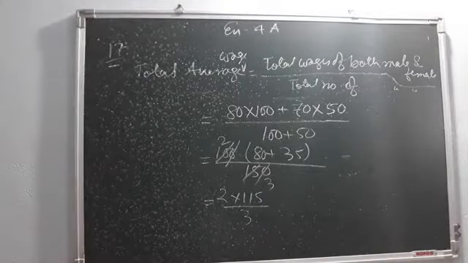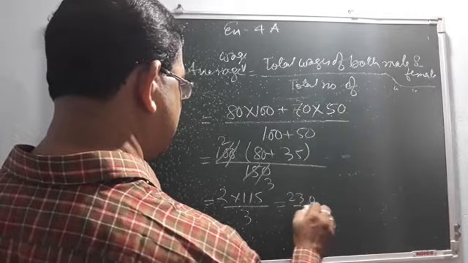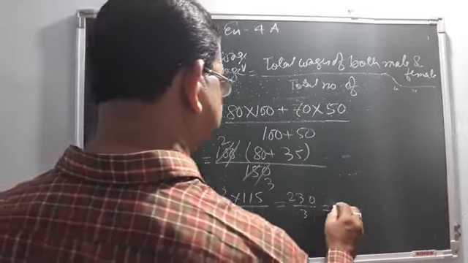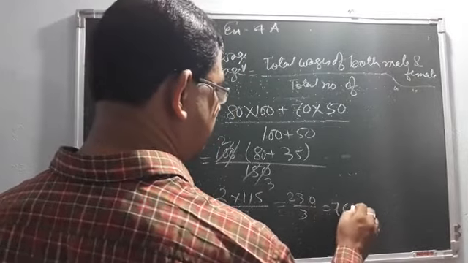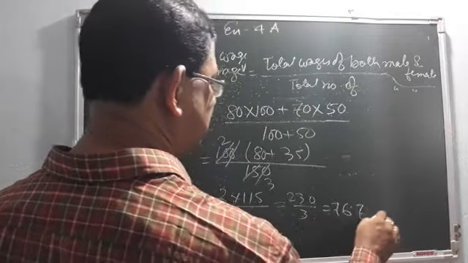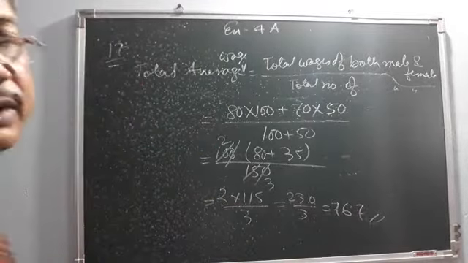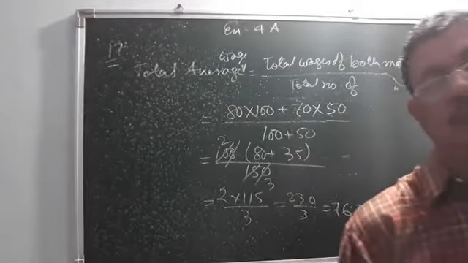Now if we divide, the answer comes to 76.67. So we can do it as 230 by 3, which gives 76.7. So this is the total average wage of those workers.